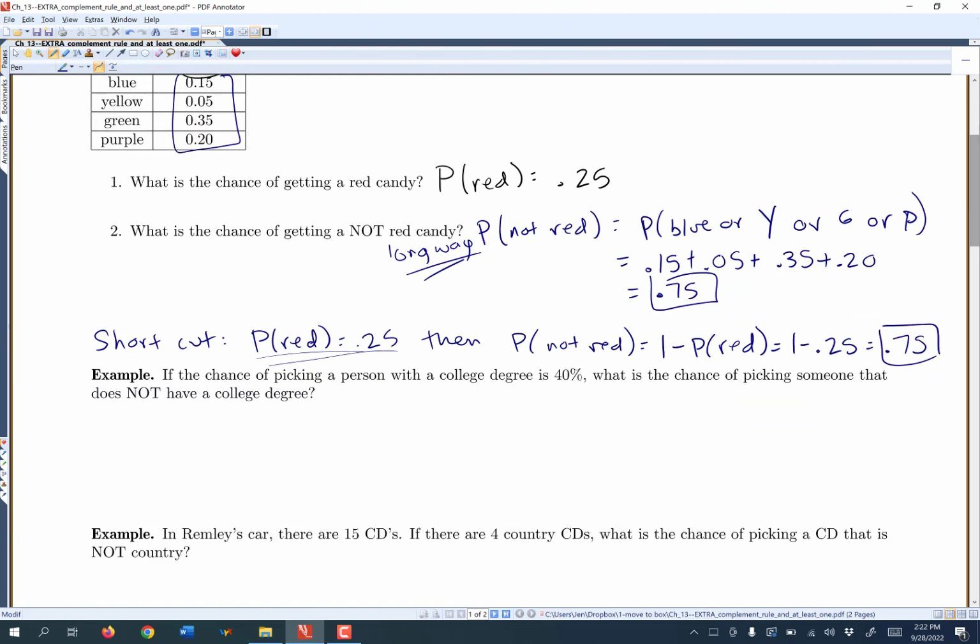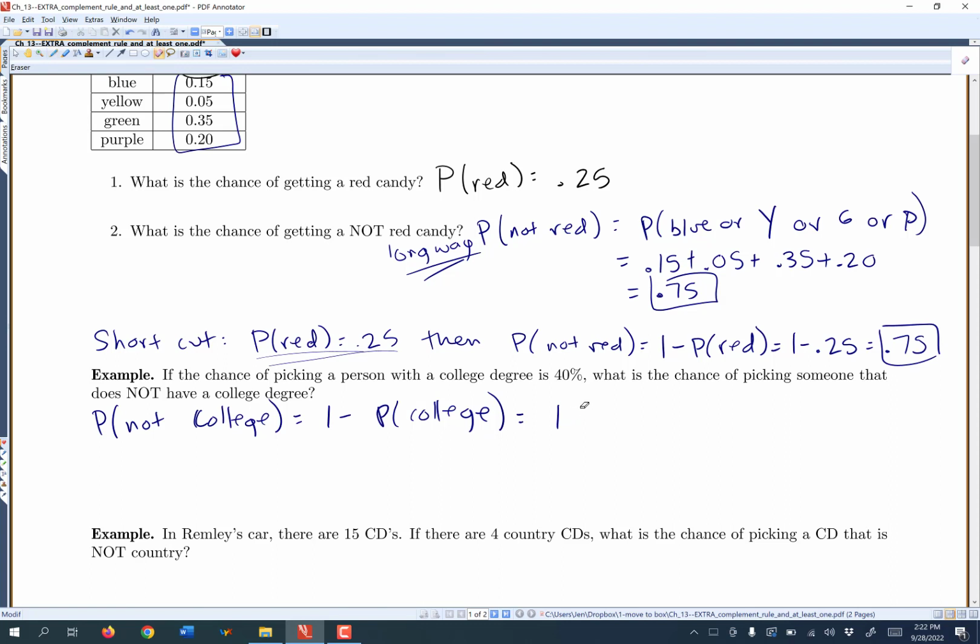If the chance of picking a person with a college degree is 40%, then what is the chance of picking someone that does not have a college degree? So if we want the probability of not college, then that would just be 1 minus the probability of college. So 1 minus, we said college degree is 40%.